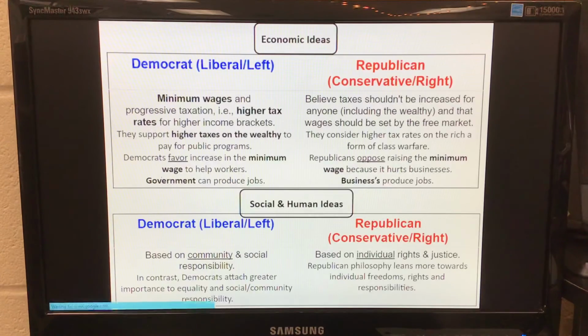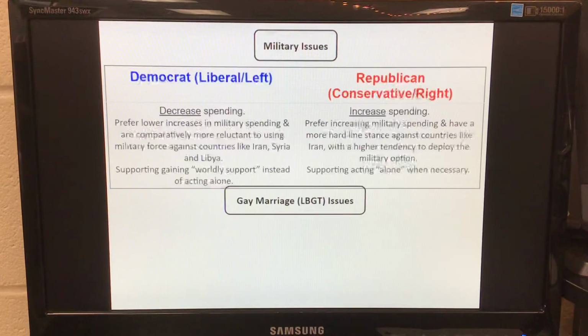Okay, we gotta make sure we get through all of this. How about the military? The Democratic Party is for decreasing spending on the military, and the Republican Party typically increases spending on the military. The rest of this goes into the sort of why.